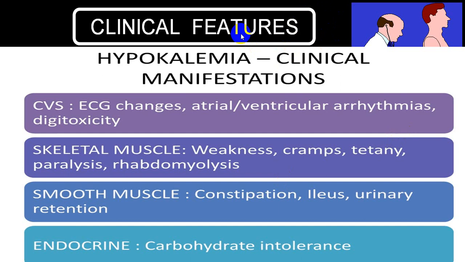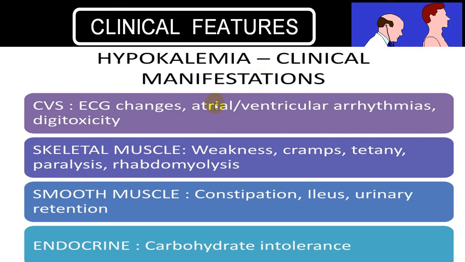Now, once a person develops hypokalemia, if potassium level is less than 3.5, a good number of times the person is asymptomatic. But depending upon the acuteness, a person can develop symptoms and signs even with slight reduction in potassium from 3.5 to 3. And the first effect will be on skeletal muscle, smooth muscle, and the cardiovascular system, depending upon the severity of potassium loss.